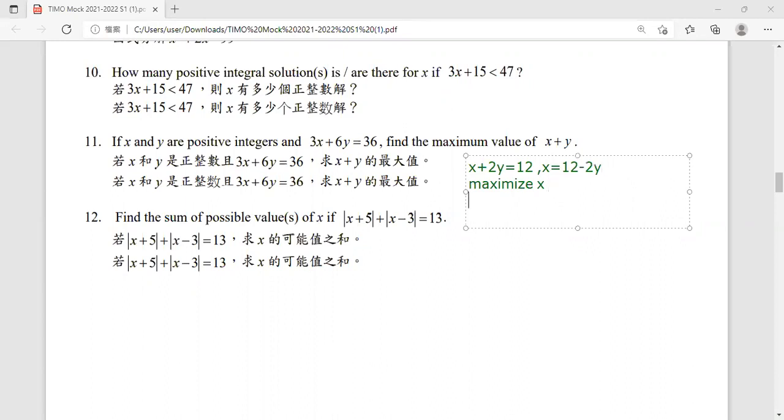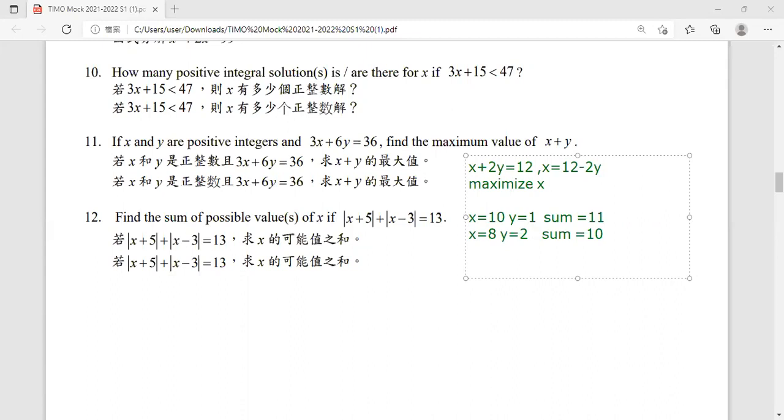So if x is 10, then y is 1. But if I put x is 8, then y is 2 only. So the sum here will be 11, but the sum here is 10. So that's what I mean.